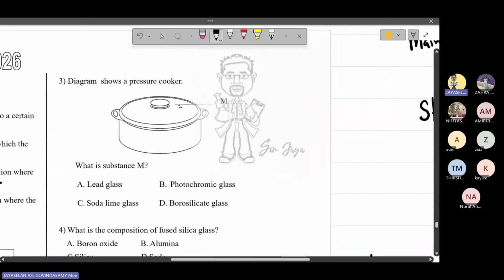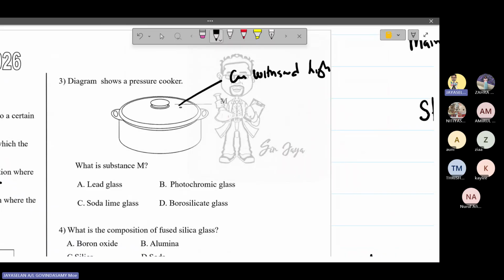Okay, once you see the lid, it can withstand high temperature. This is what glass? Borosilicate glass. Okay, I want you to write down the properties of borosilicate glass.